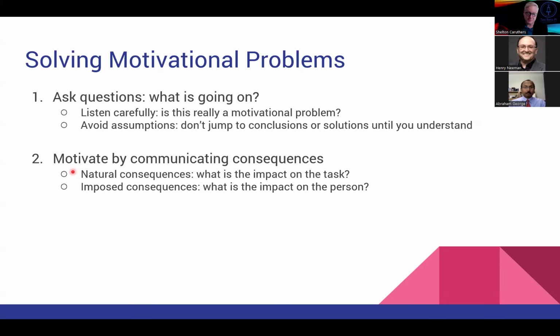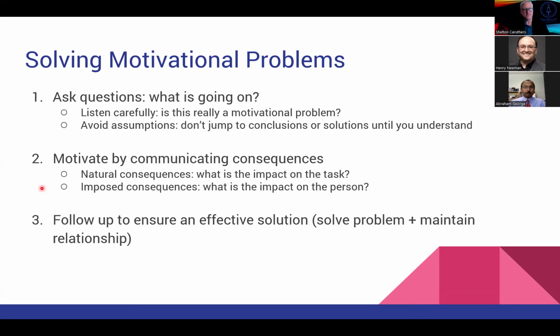You might lose a job, or you might not get that raise. Imposed consequences are things like, if you don't do this, you won't get your bonus. Or if you don't do this, you can't take vacation. Or if you do this, you can get a bonus, or some other thing.